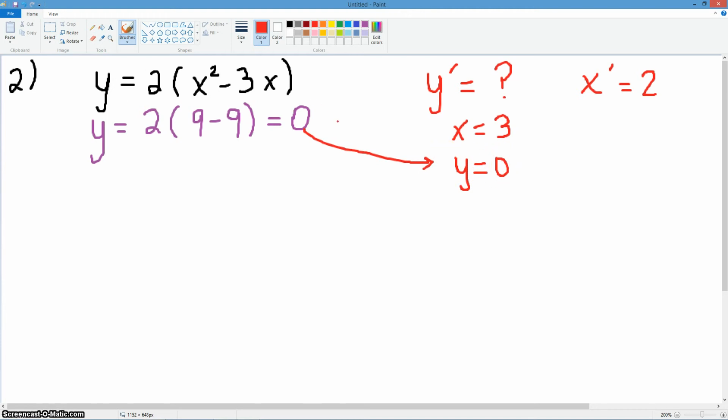Alright, very good. So now we can continue, but you know what? I'm going to go ahead and make it better. I'm going to distribute that 2, because it's going to be easier to take the derivative. So I'm going to have y is equal to 2x squared minus 6x.